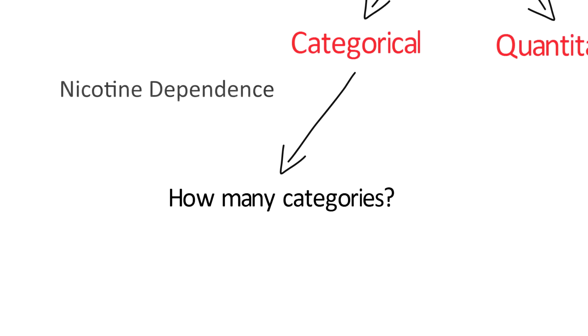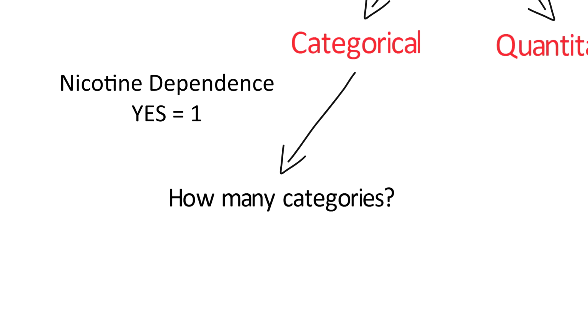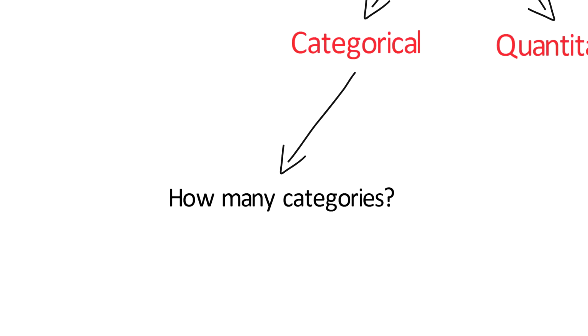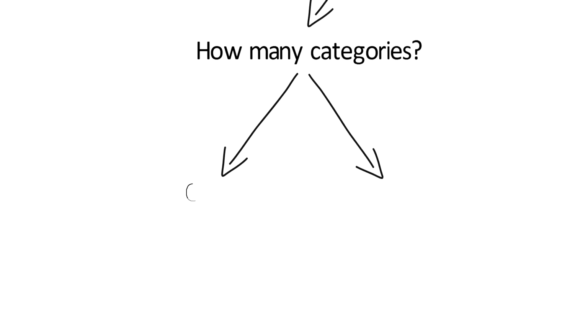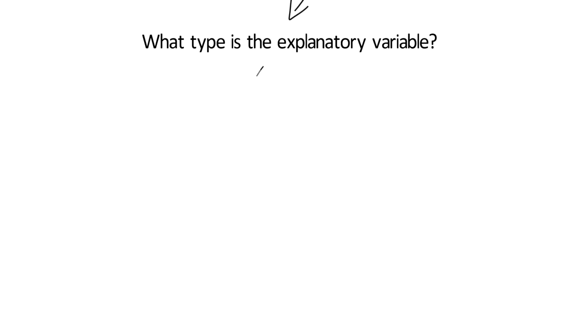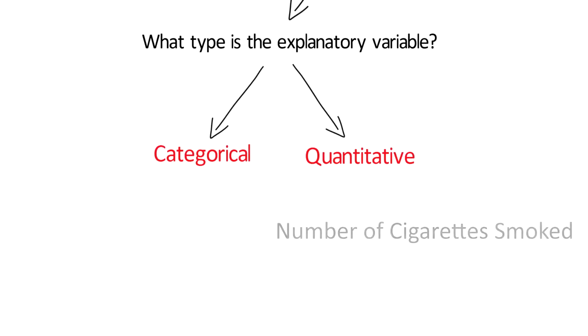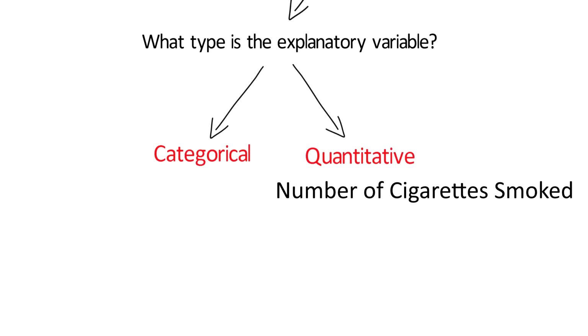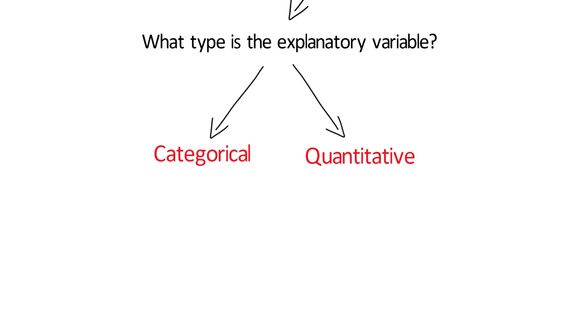Since nicotine dependence is coded 1 for yes or present and 0 for no or absent, we have 2 categories in the response variable. The next question to ask is, what type is the explanatory variable? The explanatory or independent variable is number of cigarettes smoked per month. As we saw in the demonstration of histograms, this is a quantitative variable.